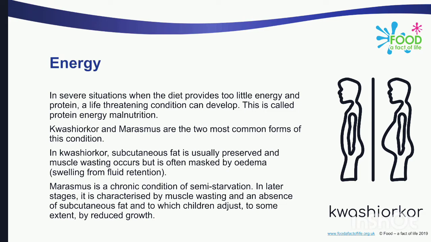In kwashiorkor, subcutaneous fat is usually preserved and muscle wasting occurs but is often masked by oedema, swelling from fluid retention. Marasmus is a chronic condition of semi-starvation. In later stages, it is characterized by muscle wasting and an absence of subcutaneous fat, and children adjust to some extent by reduced growth.